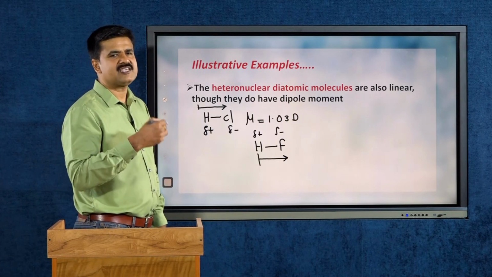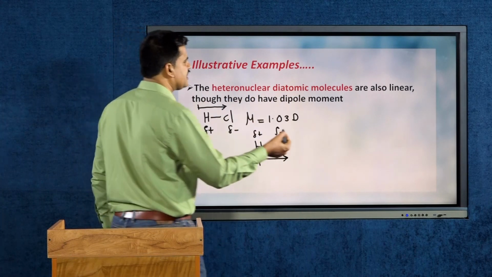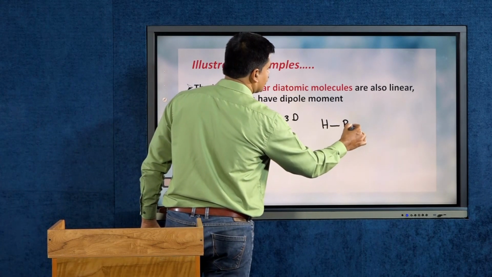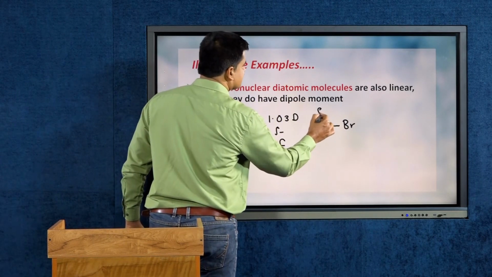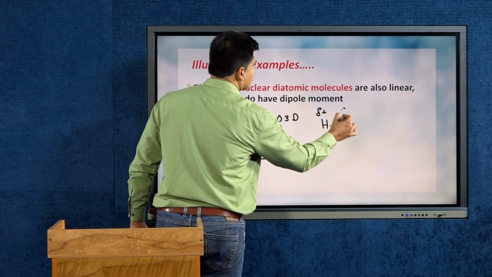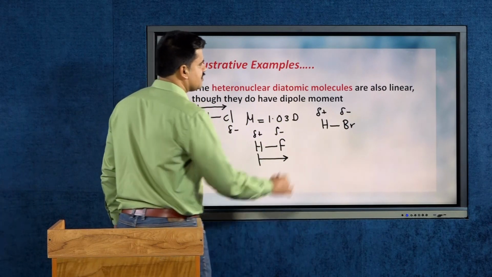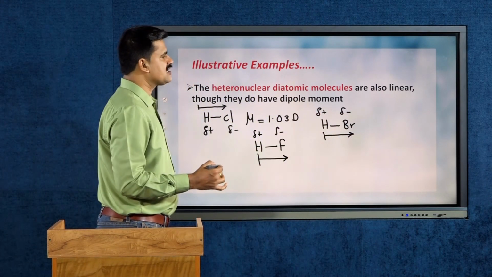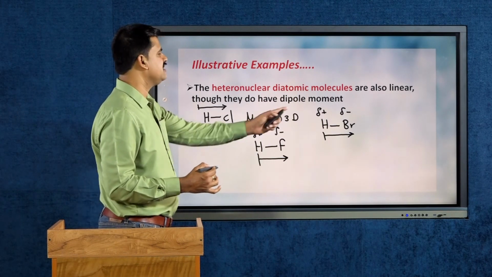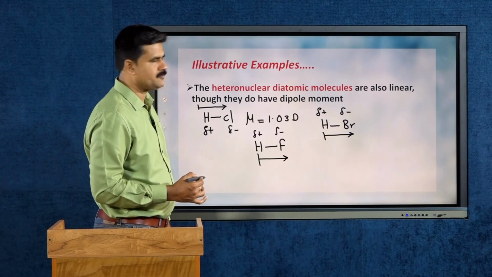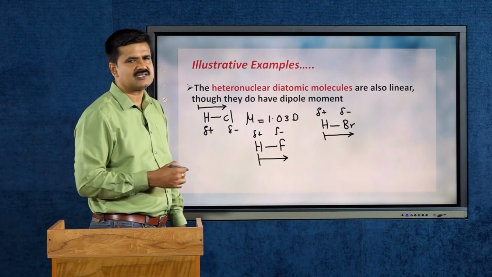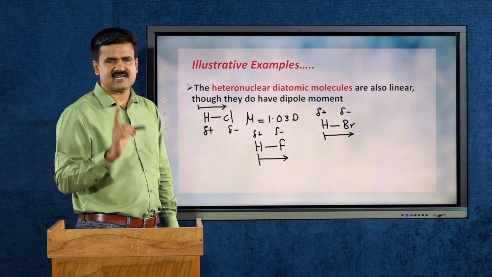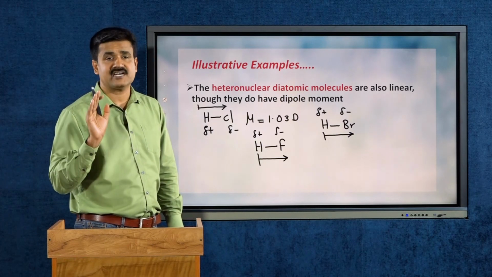In a similar way, we can take several other hydrogen halides like HBr, HI, etc. Suppose I am taking the molecule HBr, the charge separation is like this, H partial plus and bromine partial minus. Here there is a dipole moment vector which points from H partial plus to Br partial minus, and here also net dipole moment. In the case of HI molecule also, it is very well established that there is polarity, there is charge separation, and there is resultant dipole moment.